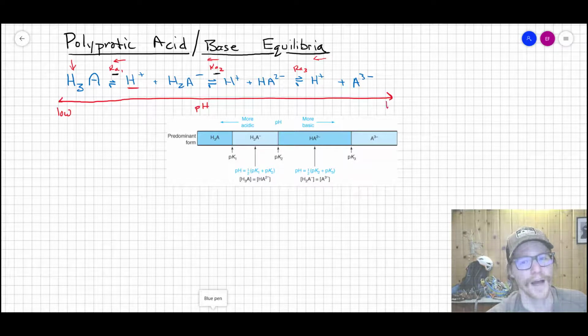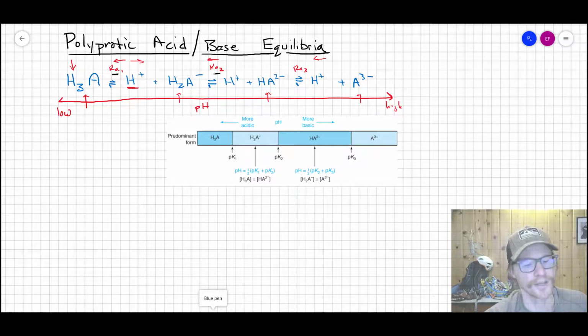And at high pH, we're removing this proton, everything shifts to the right, and we start to move through dominant forms. So at very low pH, we have mostly H3A in solution, some amount of H2A in solution, less HA2-, and even less A3- in solution.